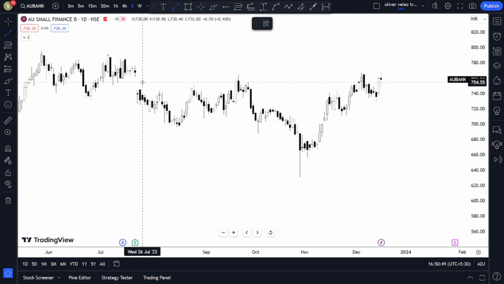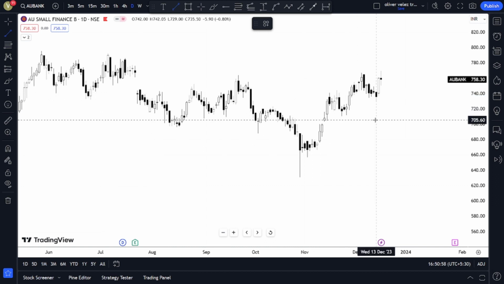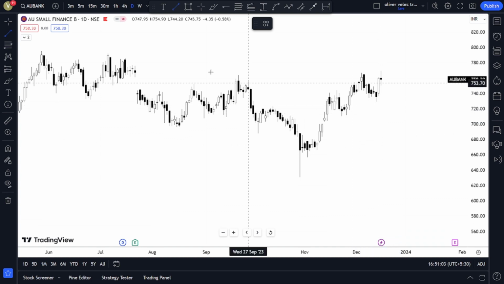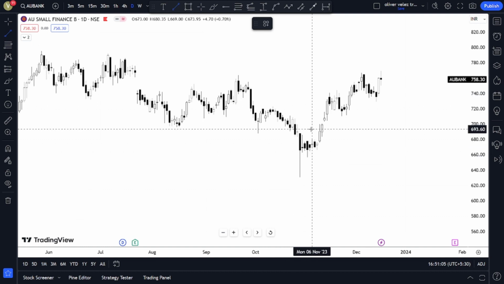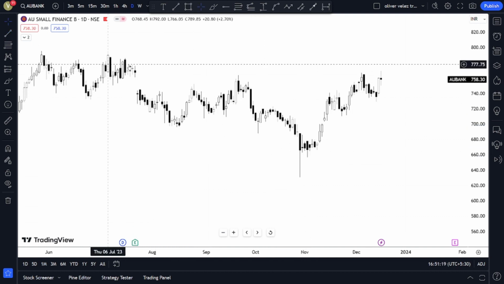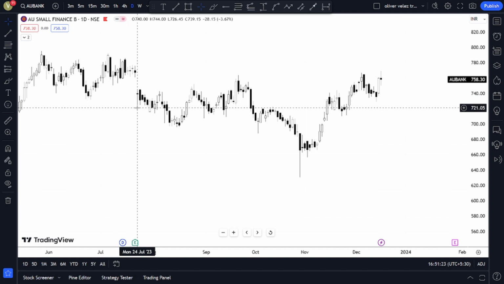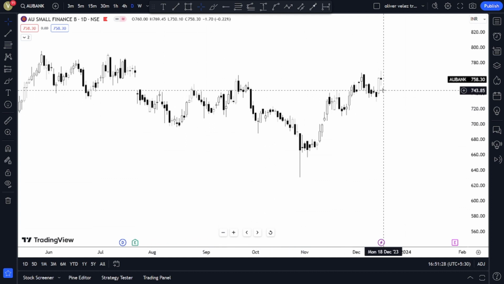This is the AU Small Finance Bank daily chart. This stock, from 24th July 2023 up to the current date, 15th December 2023, was moving in a trading range with some price action.